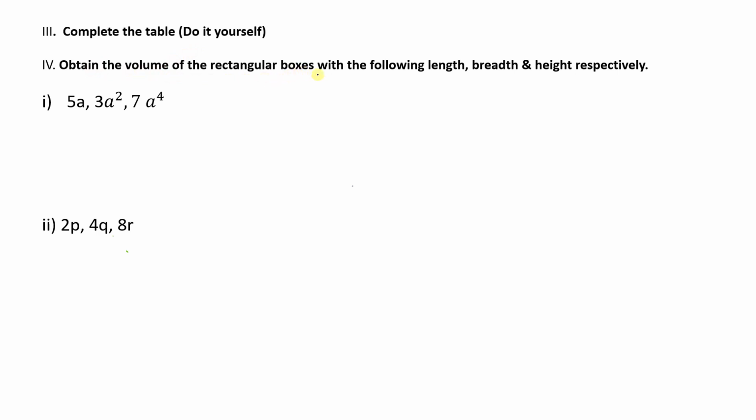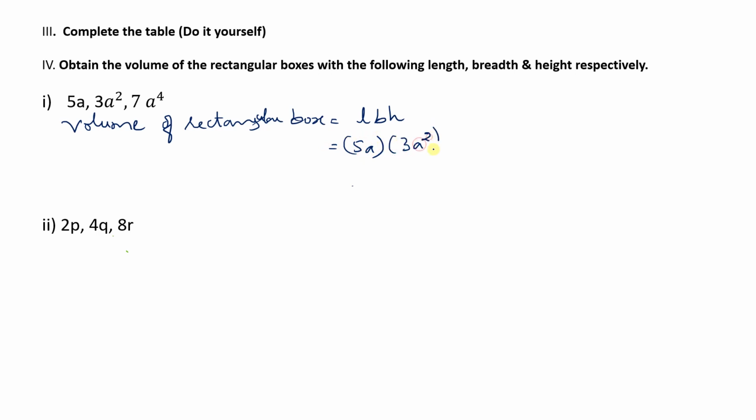Obtain the volume of the rectangular boxes with the following length, breadth and height respectively. So, volume of rectangular box is L into B into H. So, L is 5A, B is 3A square and H is 7A to the power 4.